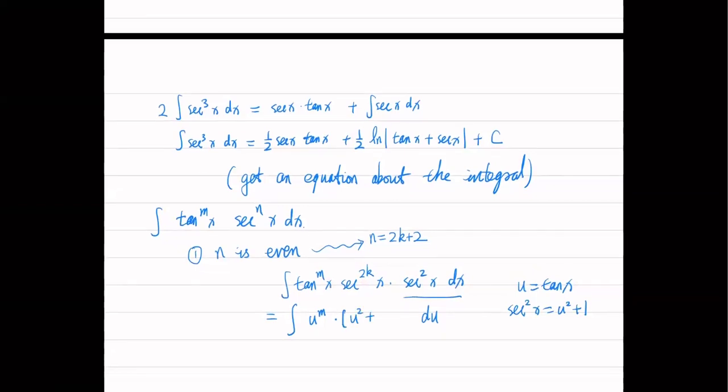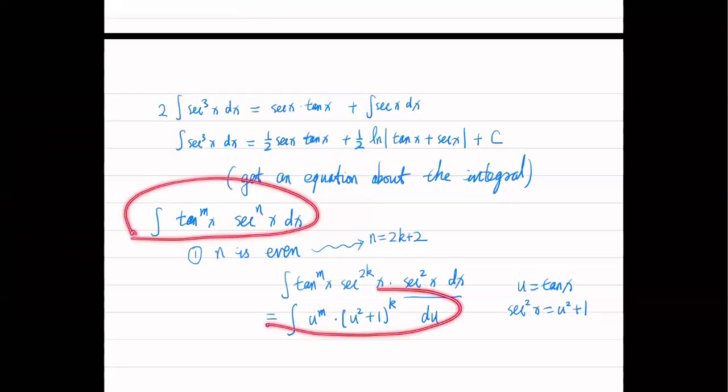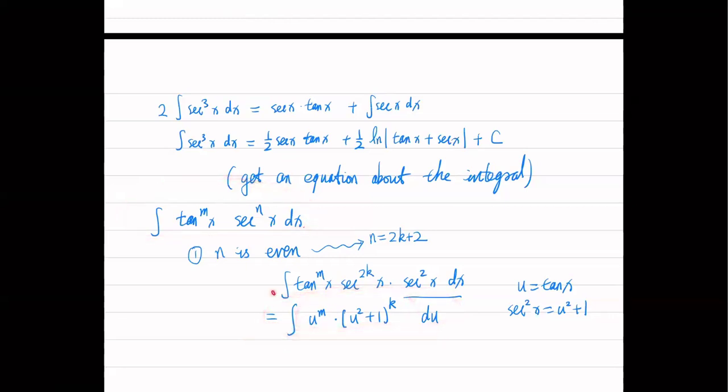U square plus 1 to the k. Again, for these trig integrals, if we can convert it to an integral of polynomials, we will call it a success, because we can always integrate it very quickly. Whenever we convert it to a polynomial, we say, okay, that can be done.